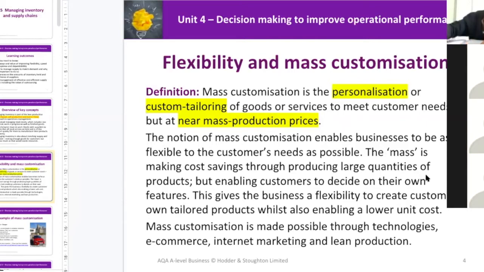The reason behind it is that customers now have personal needs. They want to be unique. So in operations nowadays, we're trying to cater for their custom tailoring needs. The problem with this one, I'll give you one example here. This whole paragraph below is just trying to explain what customization is.